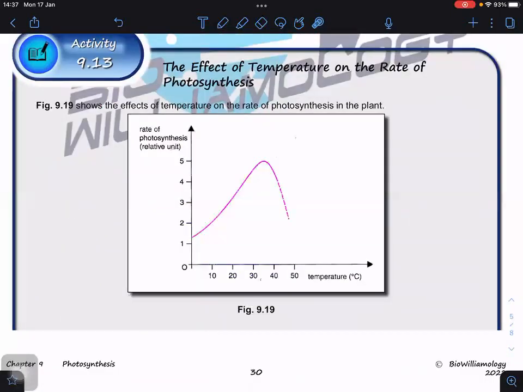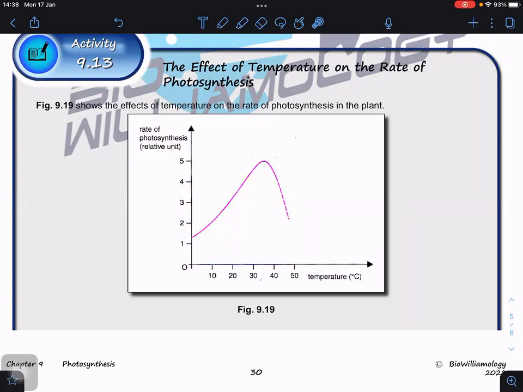Now, when we talk about temperature, you can see that the graph is very similar to the graph that we have learned in enzymes. So in this case, what is the rate limiting factor? Enzyme denaturation. Are you clear? It depends on the enzyme denaturation.